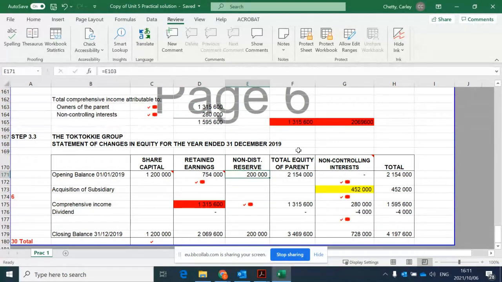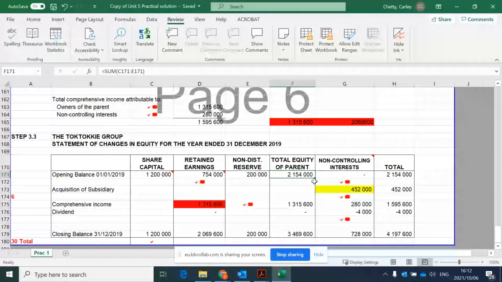Then we have our non-distributable reserves. So our non-distributable reserves, this 200,000 Rand is the parent's non-distributable reserves. The non-distributable reserves of the subsidiary would have been eliminated on acquisition. So once we have the total opening balances here, we can total the equity of the parent.